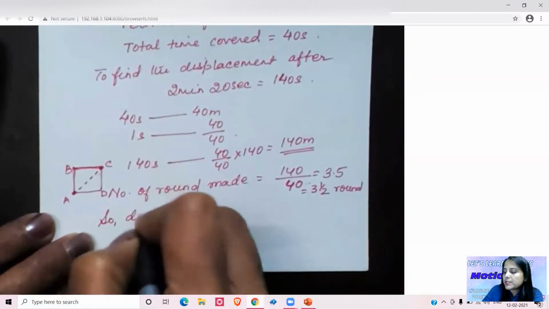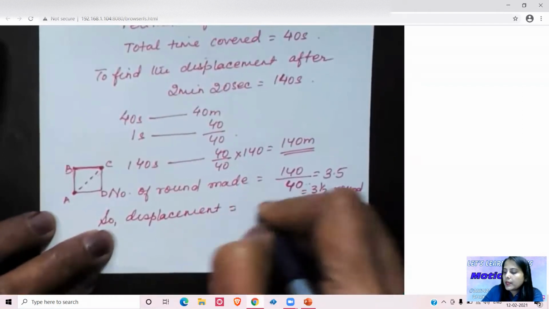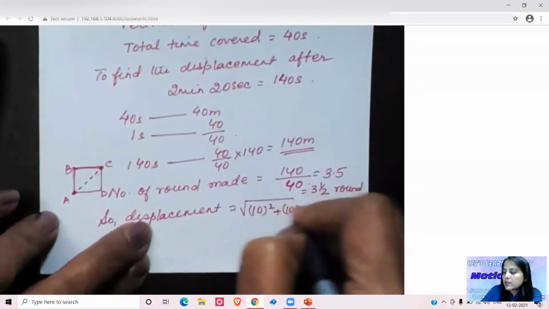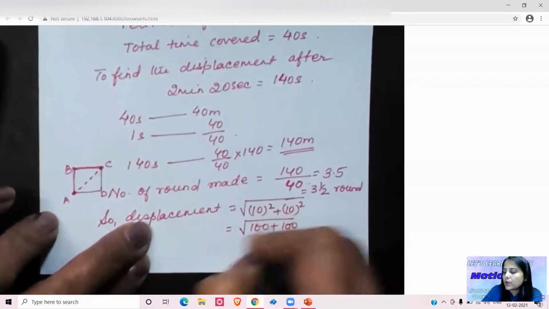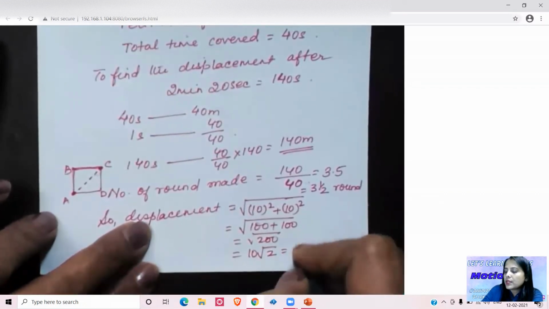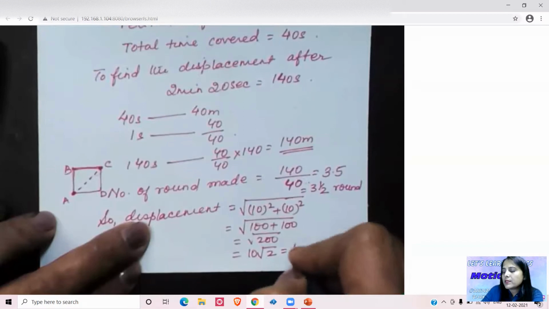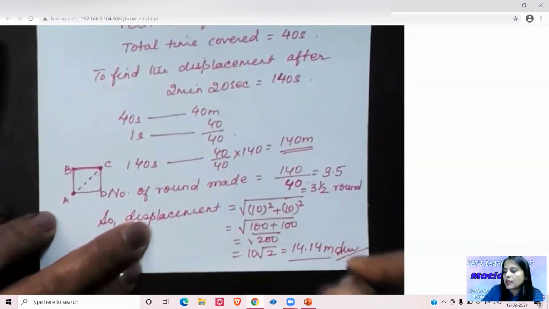Displacement will be square root of the squares of 2 sides, that is square root of 100 plus 100, that is square root of 200, that is 10 root 2. 10 root 2 is nothing but 10 into 1.414, that is the root 2 value, 1.414 into 10, it will give us 14.14 meter. So this becomes our answer.